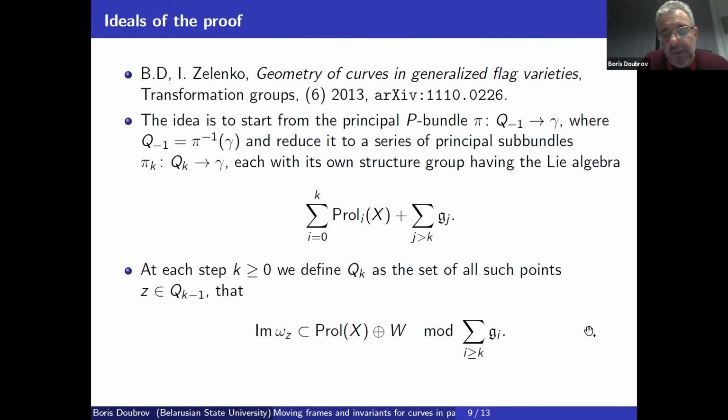And again, we can prove that at each step, this condition nicely reduces QK-1 to QK with a reduced structure group, which has this structure Lie algebra. And essentially, in a finite number of steps, the depth of our semi-simple algebra, we will reach the canonical moving frame.